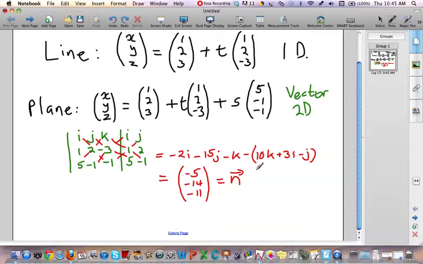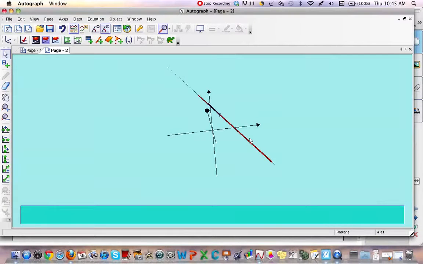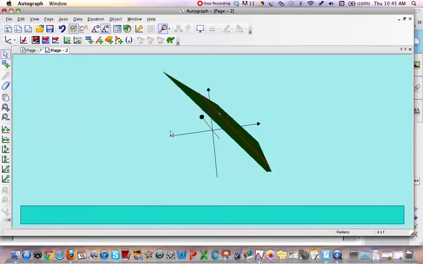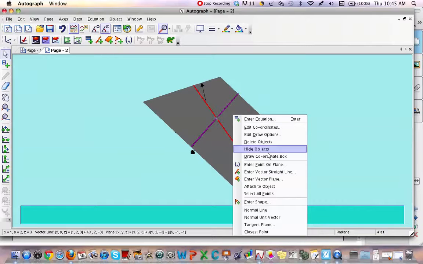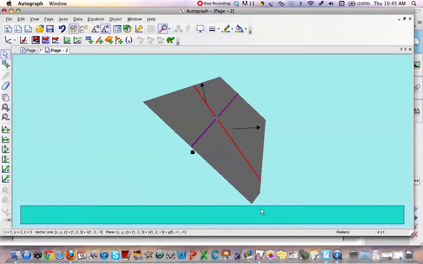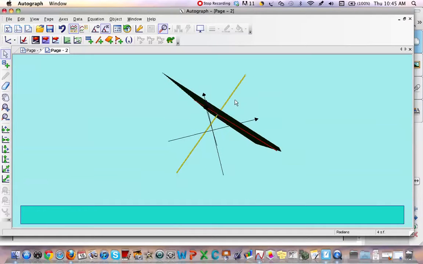Okay, and so what I'll do now is show you how the normal would appear in this particular case. And so what I'm going to do is select my point, and I'm going to select the plane, and I'm going to have the Autograph software show me a representation of the normal.